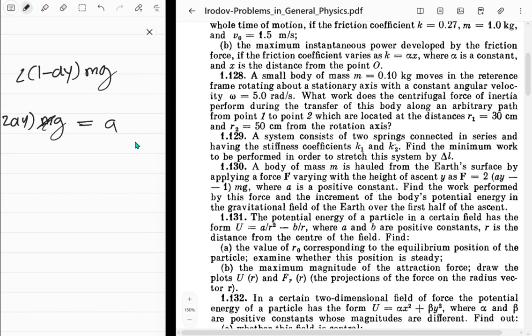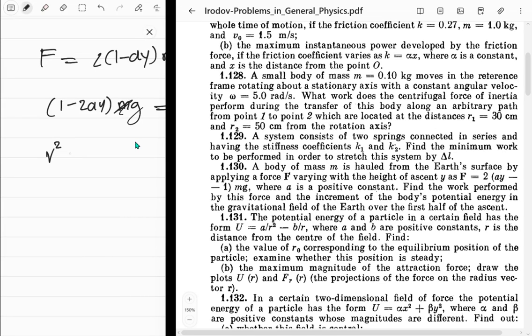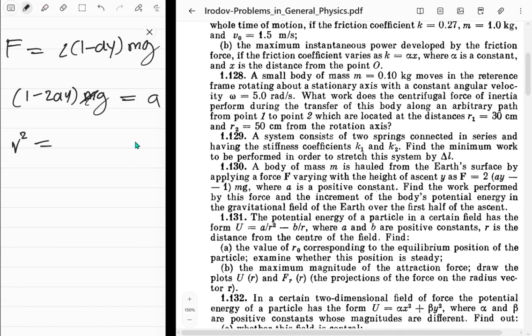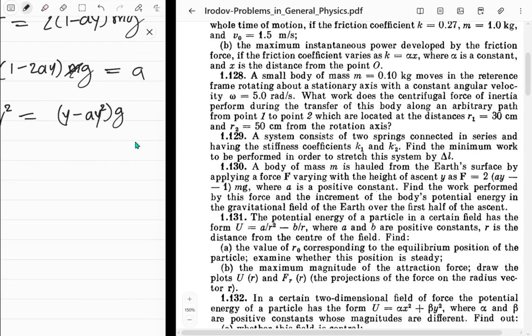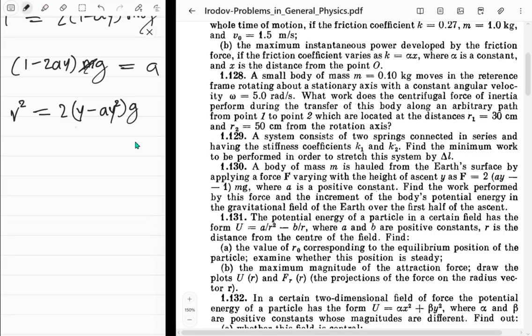Okay, so v squared minus u squared, which is 0, is equal to integration of this acceleration times dy. So that's going to be y minus ay squared times g. Yes, actually 2 times of that, so 2a's for this thing. So 2y into 1 minus ay that times g. So now you know how the velocity changes.